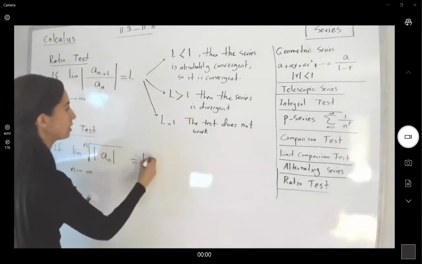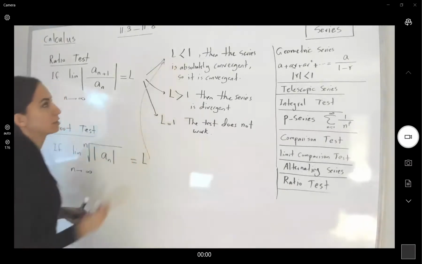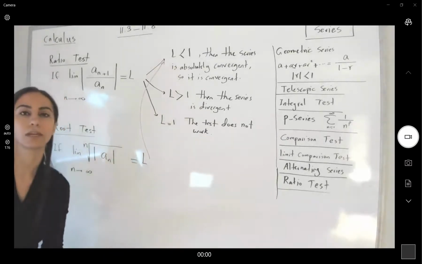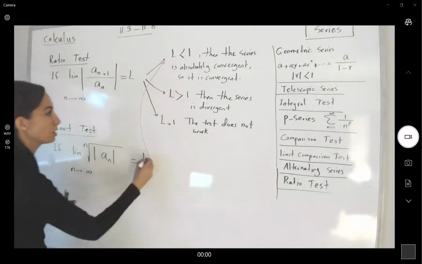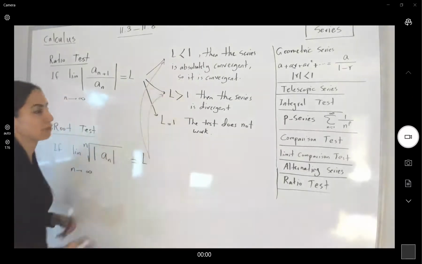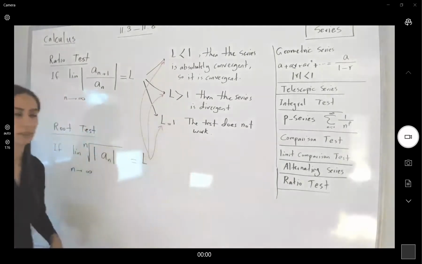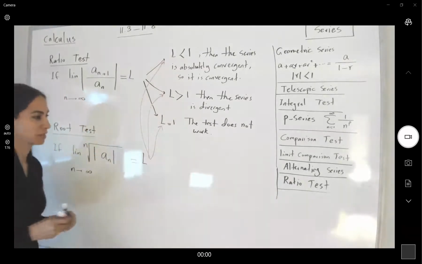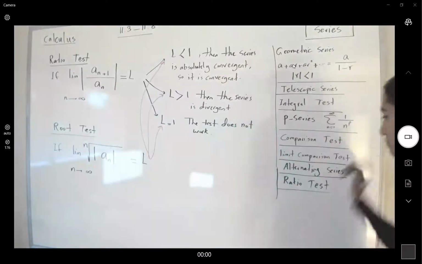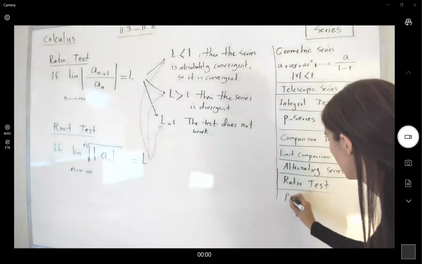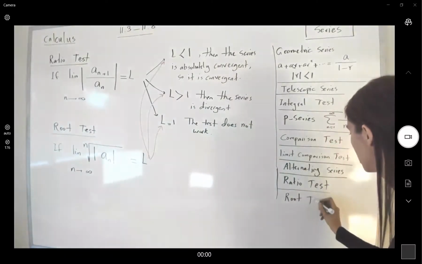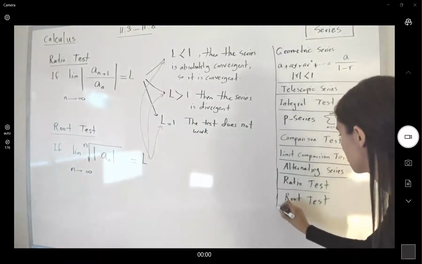If L is less than 1, then the series is absolutely convergent, so it is convergent. If it is greater than 1, it is divergent. If it is equal to 1, the test doesn't work. Ratio test and root test.